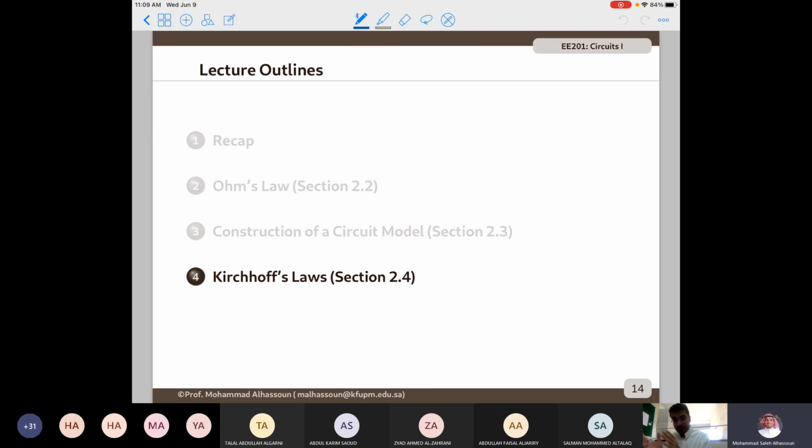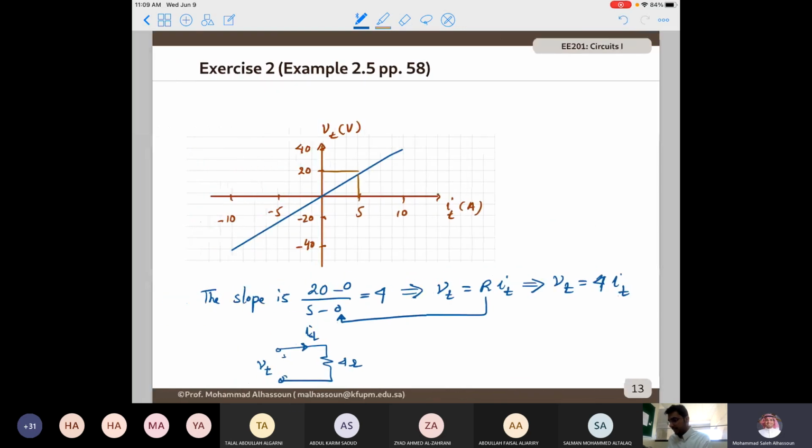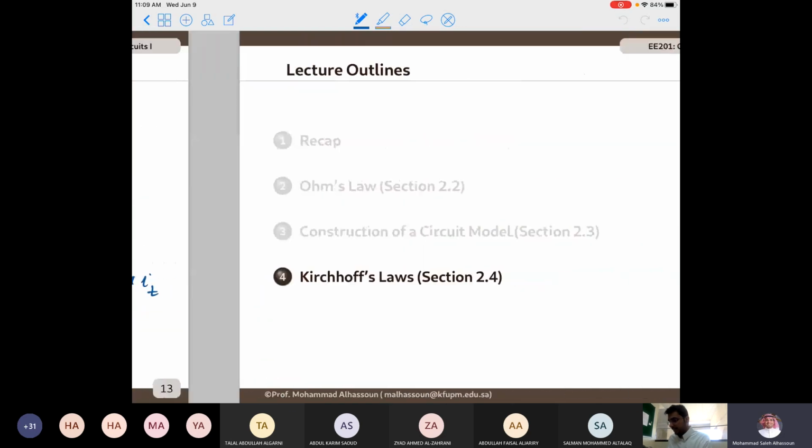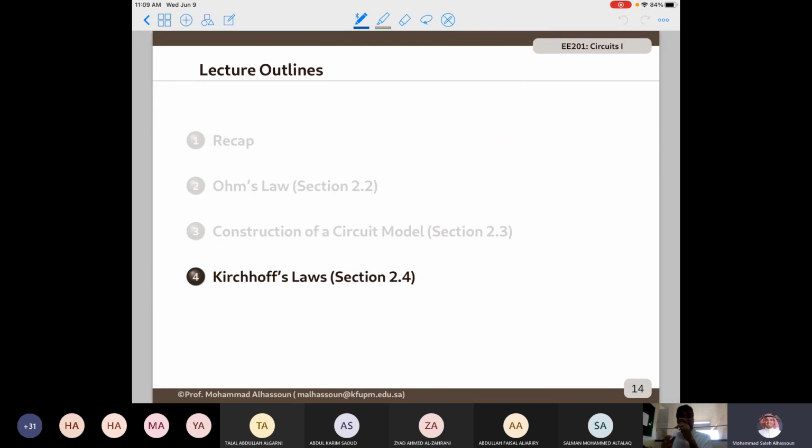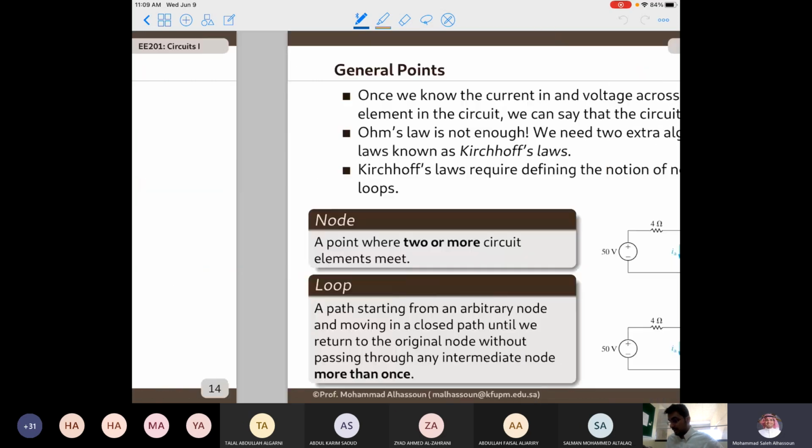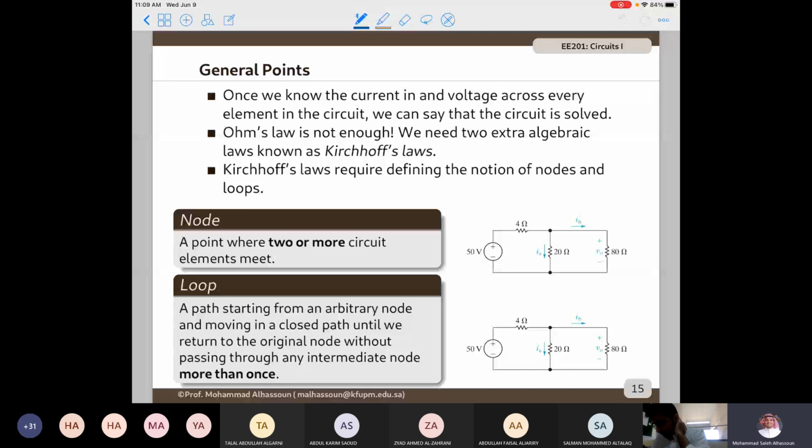We say that current is related to the voltage using Ohm's law. This is true for linear resistance. For nonlinear devices, they're not necessarily related by Ohm's law. As an example, in E203, current is related to the natural exponent of the voltage. Okay, very good question.